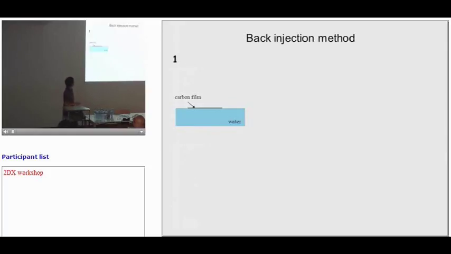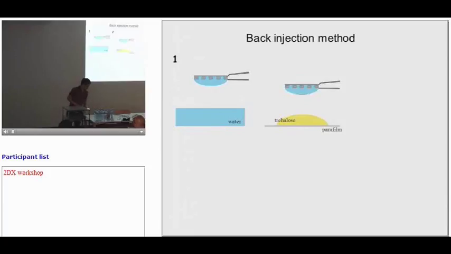So first, a piece of carbon film is floated onto water. This is picked up with a molybdenum grid. Then the water is replaced by embedding medium, for example, trehalose solution.